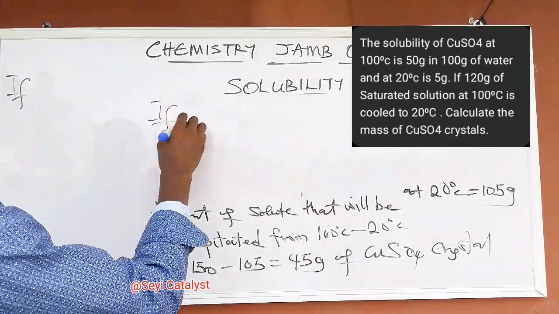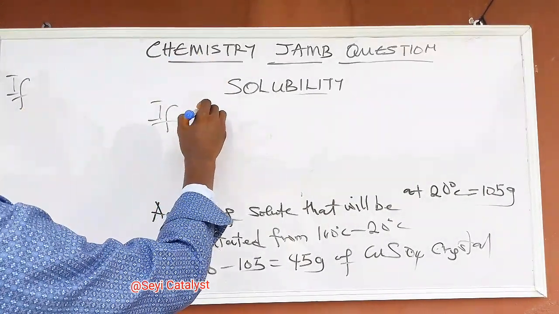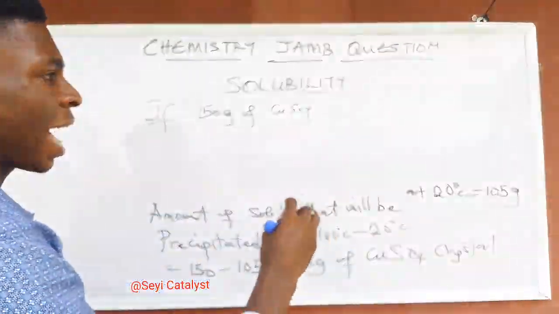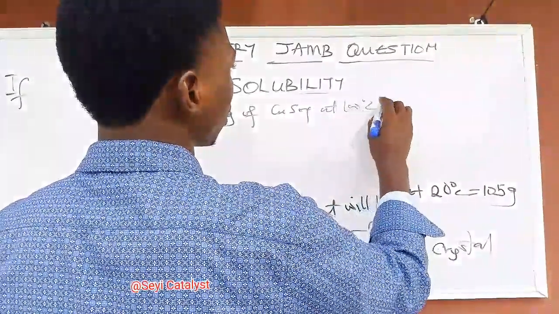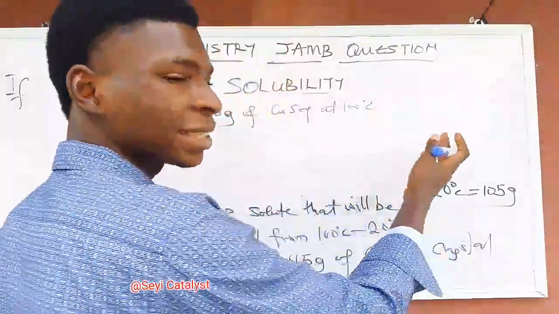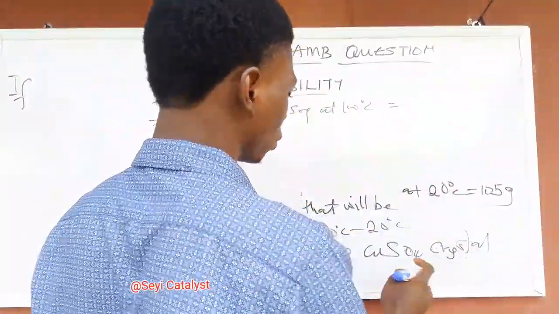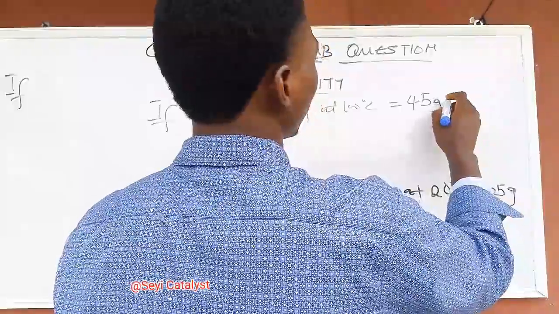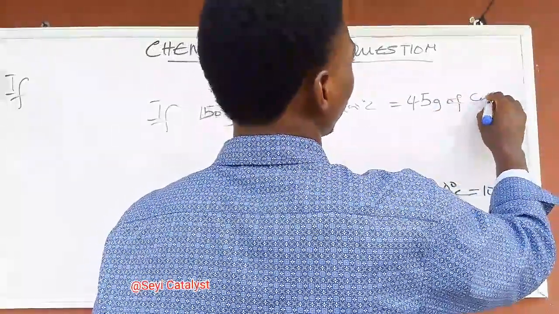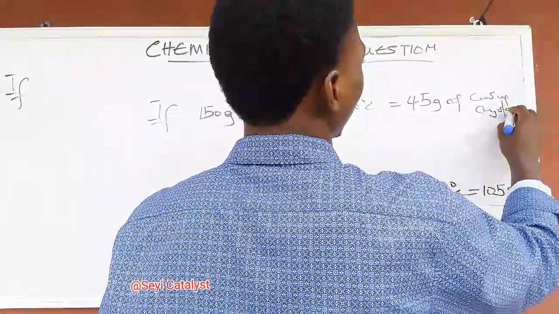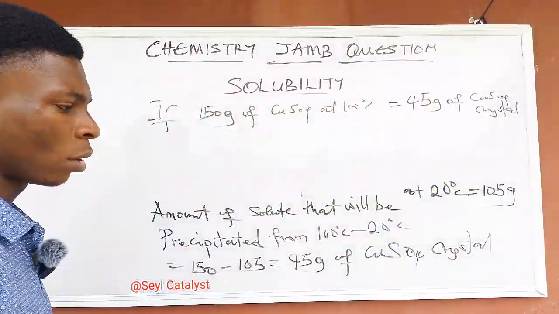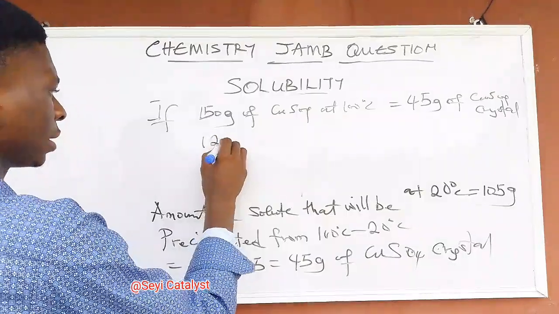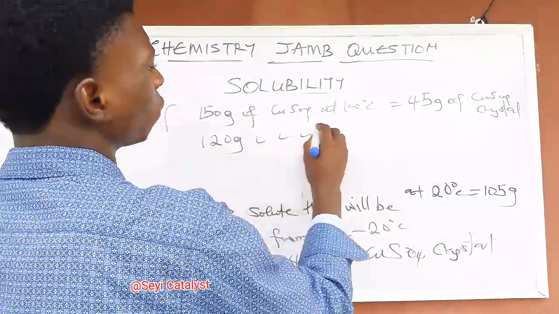So if 150 grams of CuSO4 solution at 100 degrees can precipitate 45 grams of CuSO4 crystal, how much mass of CuSO4 will 120 grams of saturated solution precipitate? 120 grams of CuSO4 solution.